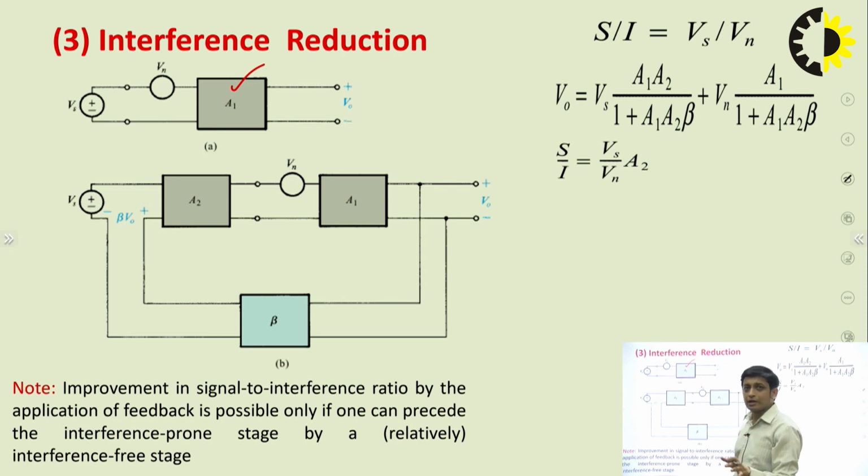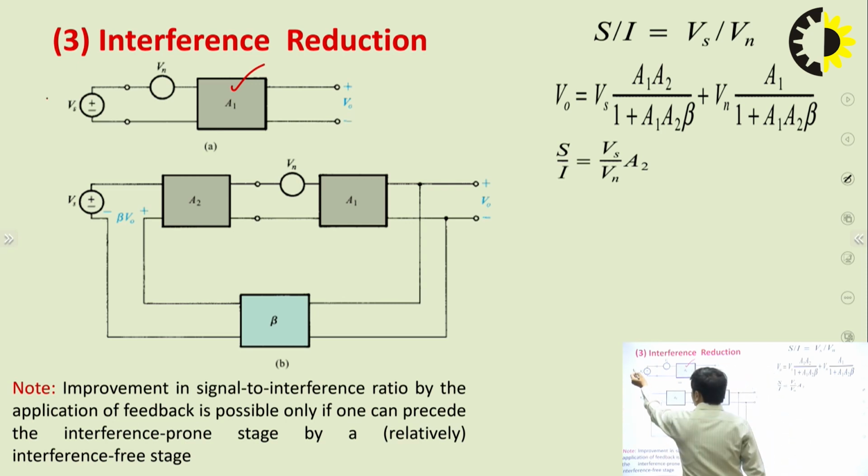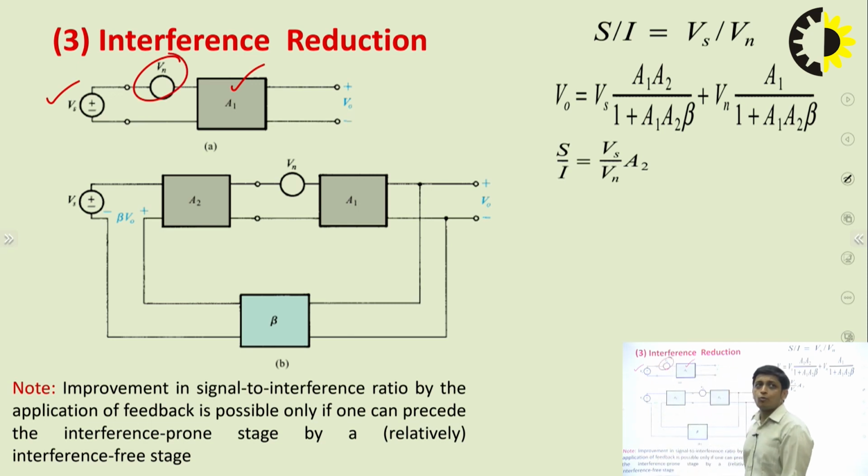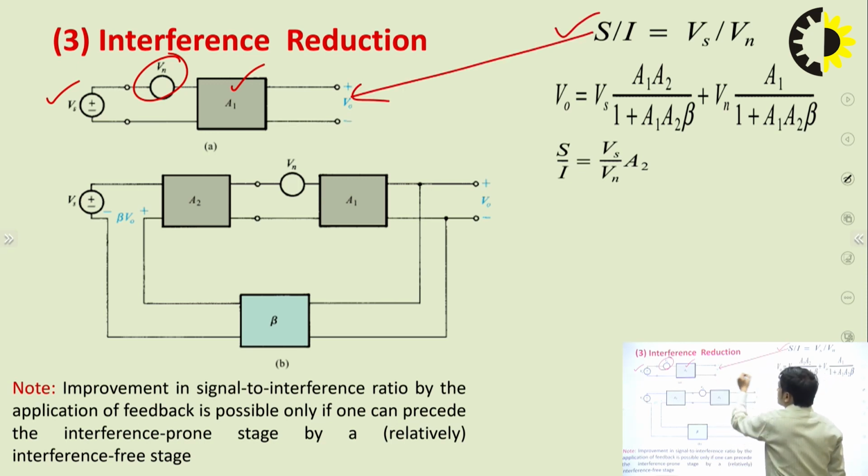The input signal is Vs, and let's say the noise added to the input of the amplifier is Vn. So the signal to interference ratio will be Vs by Vn, for the amplifier without feedback. Ultimately, if we can increase the value of S by I, the signal to interference ratio, it means that the effect of interference will be reduced.